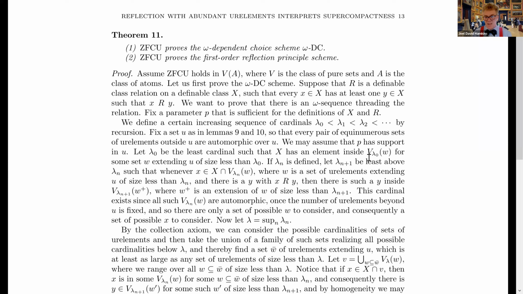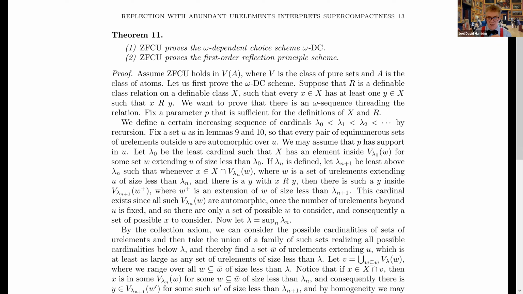The first one is big enough so that for some class of atoms, it has some elements in the domain of the relation. Then you look at everybody in that class and you look at the y's that they are related to, and you look at the sizes of the supports of those y's and the ranks of the sets of those y's, and then you get some lambda n+1 that's bigger than all those.